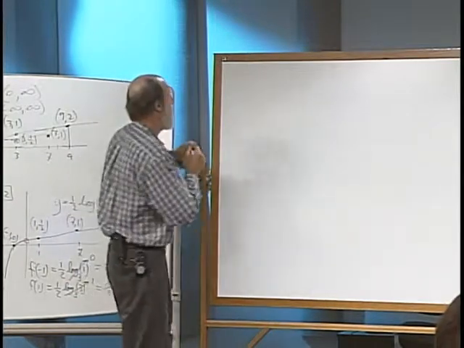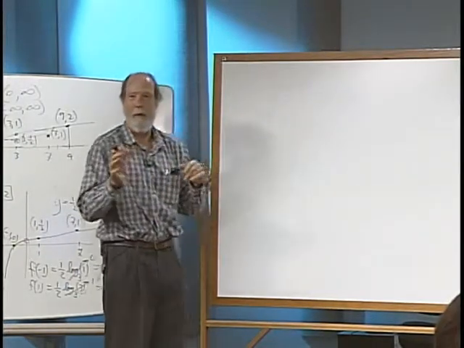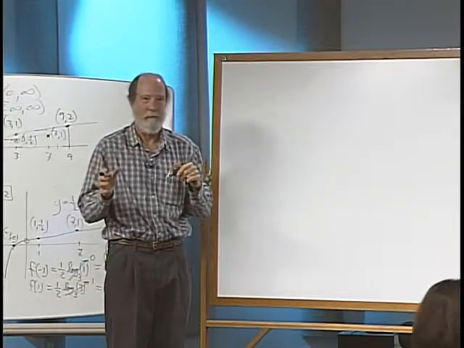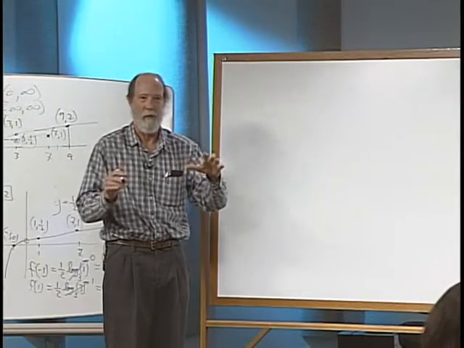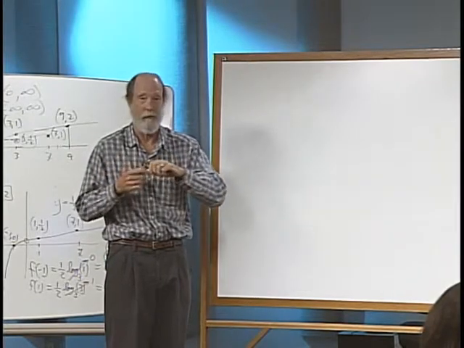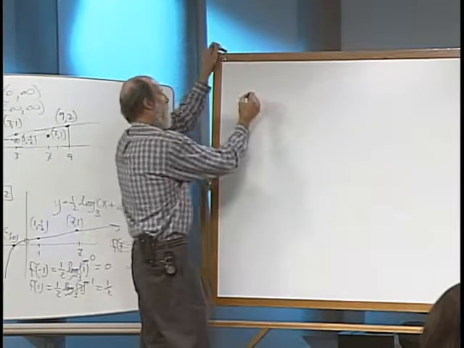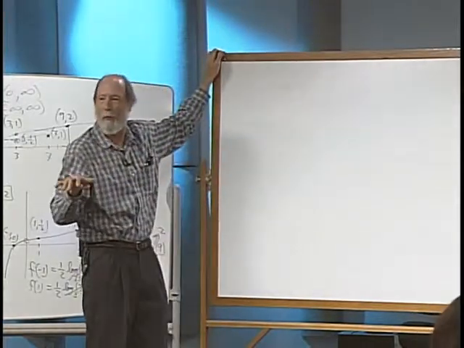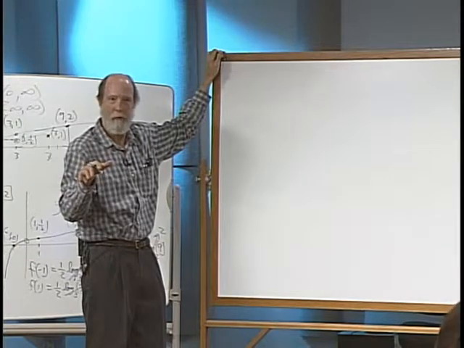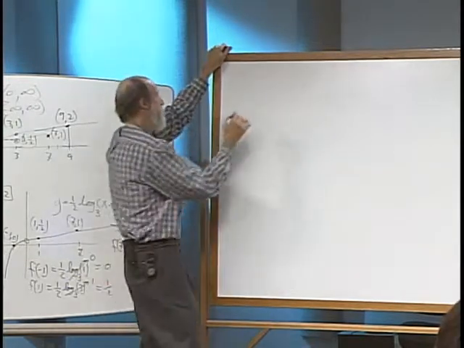Now, let me give you 3 important properties of logarithms without proof. They're not too hard to prove, but I just don't have time here in the class sessions to prove them. There are 3 properties that we have to memorize, and they're kind of similar to your rules involving exponents that you've learned earlier in algebra.